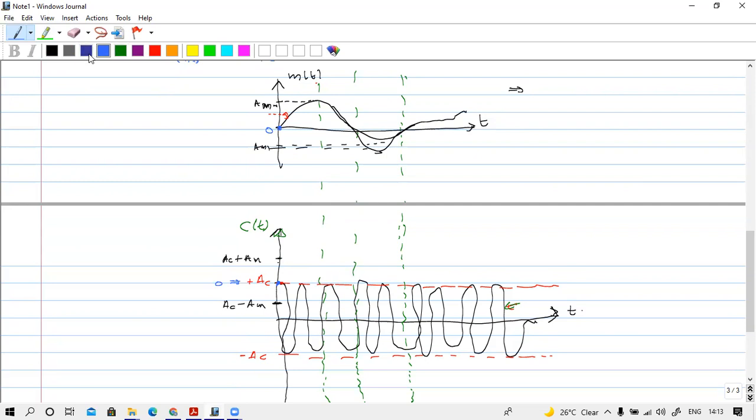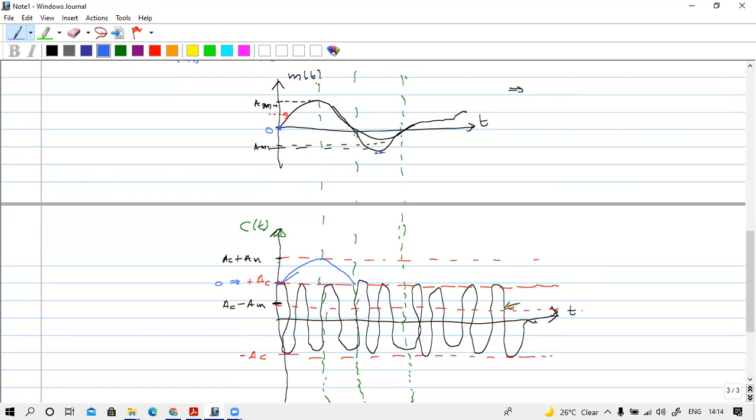If I mark these two points like this, here we have the maximum, then it comes to 0 again, then it goes to minus AM.